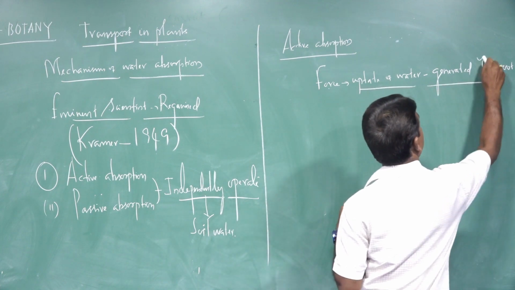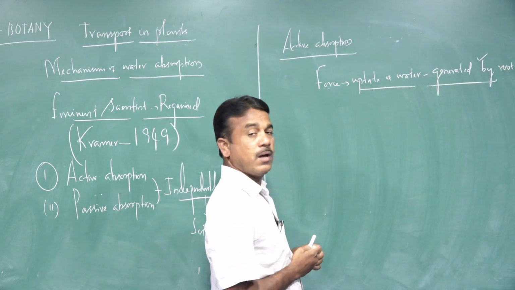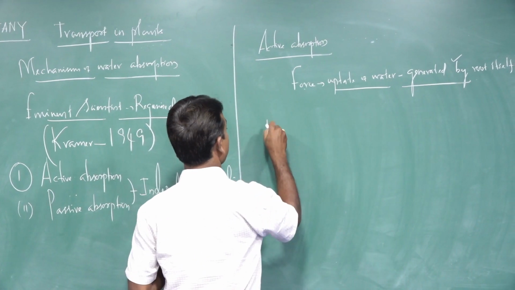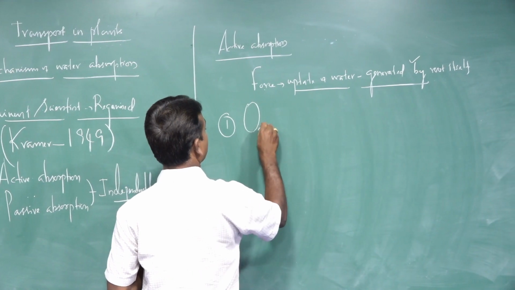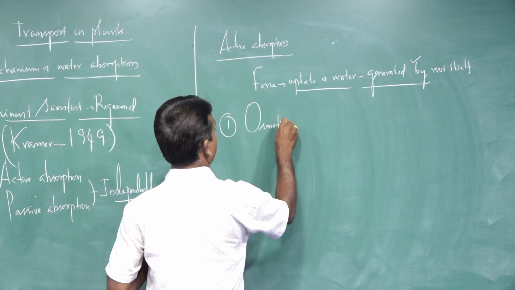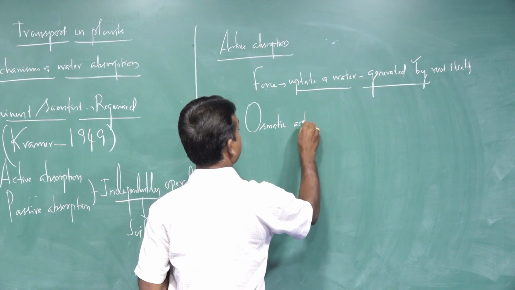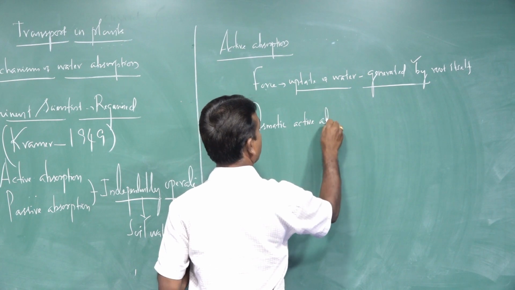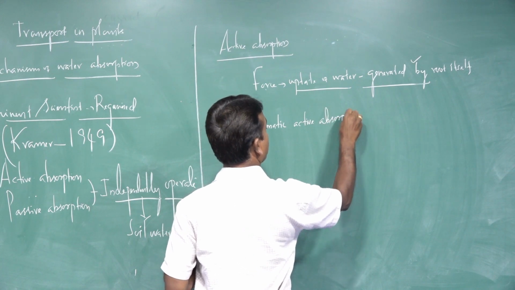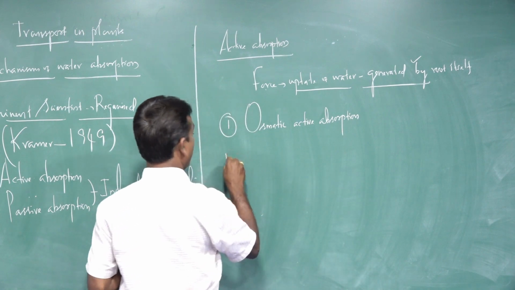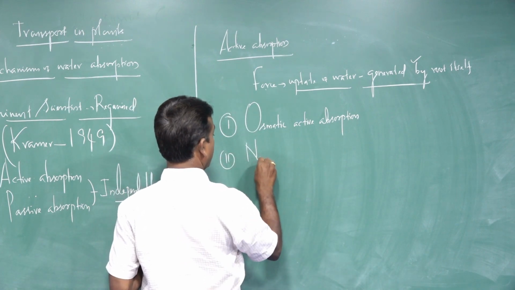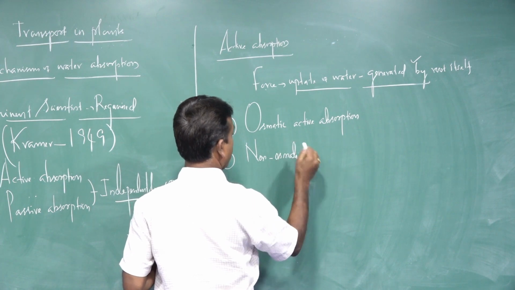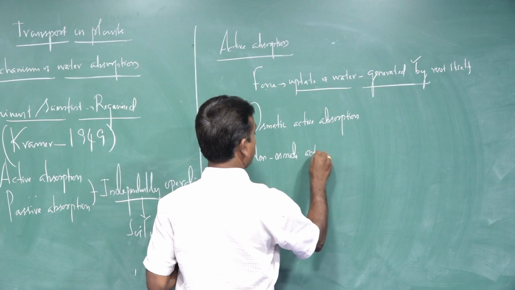Based on generation by the root itself, active absorption can be classified into two types, namely osmotic active absorption and, second, non-osmotic active absorption.